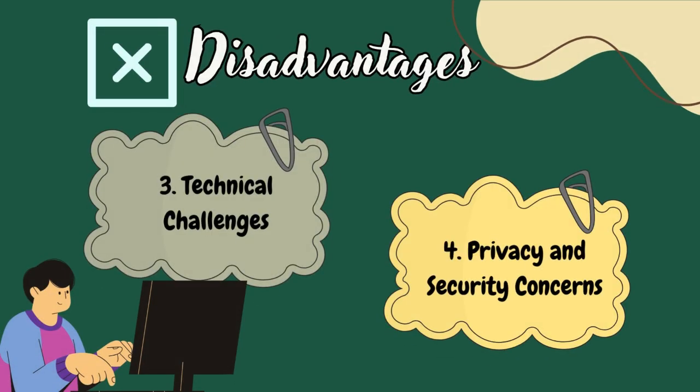Next is privacy and security. Privacy and security concerns can be a significant drawback in using technology for assessments. When personal data is collected during assessments, there is a risk that this information may not be kept safe or used appropriately.